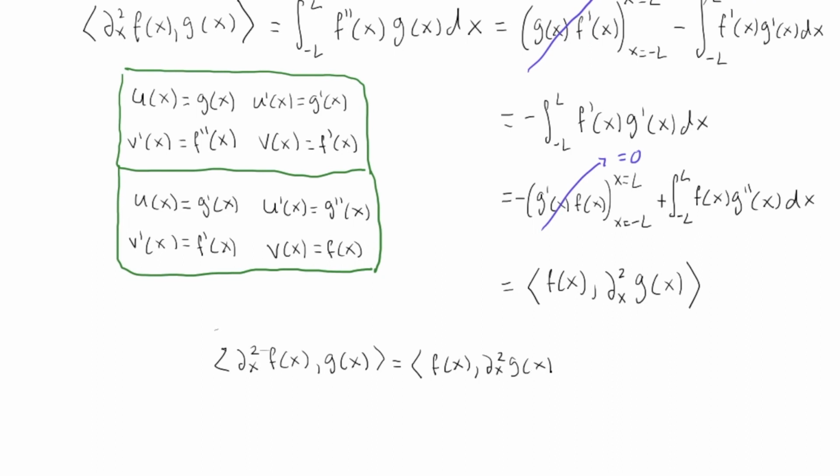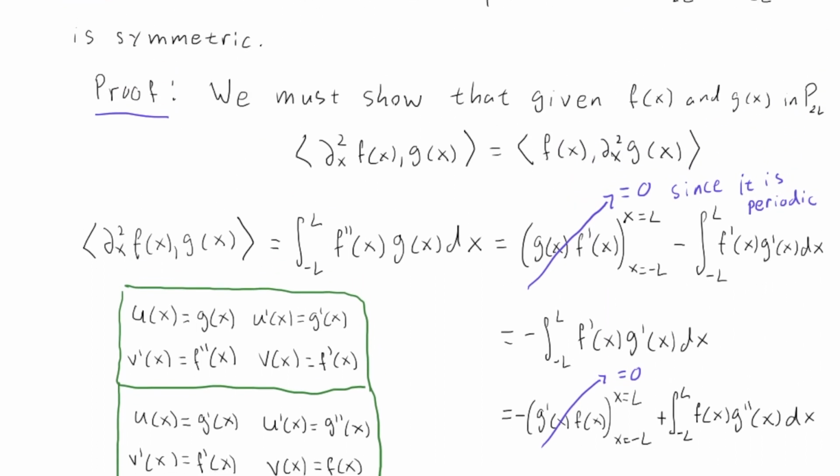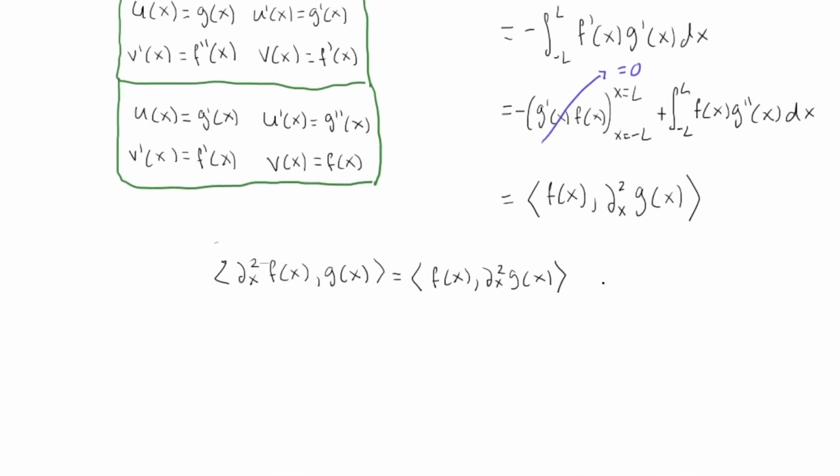And this works for any function f of x and g of x, provided that they are infinitely differentiable, since we're taking derivatives of these functions, and they're periodic of period 2L. So it works for any two f of x and g of x. So this means, here's our QED, we showed that the second derivative is a symmetric operator on the space of periodic functions.